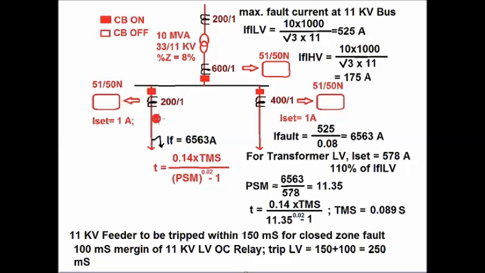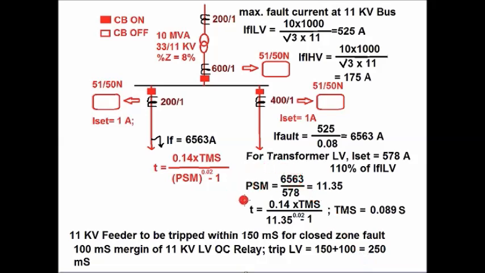If it is unable to clear this fault, then after the 100 millisecond margin, this relay will trip the bus, which means it trips the circuit breaker of the LV side, and that is how this fault will be cleared. So here the trip time is 150 plus 100, which is equal to 250 millisecond.